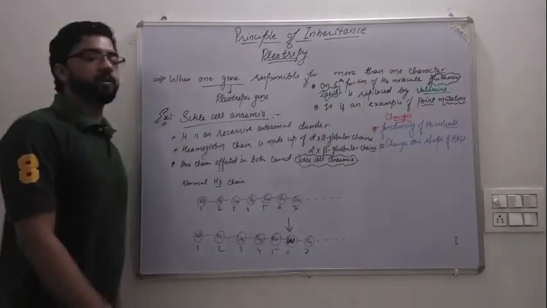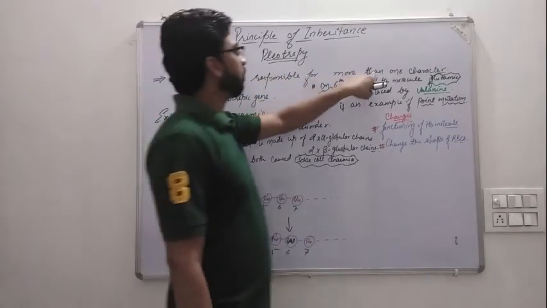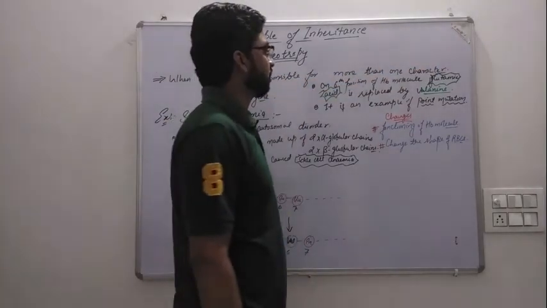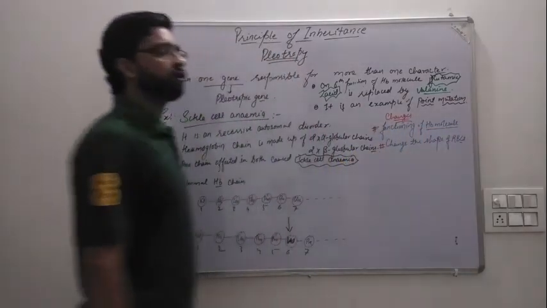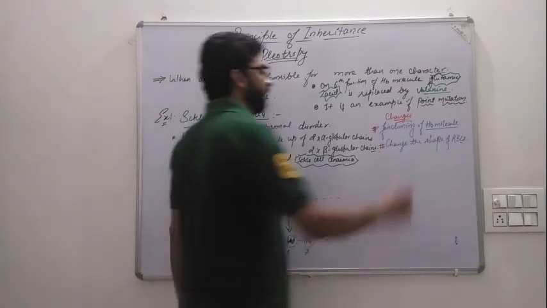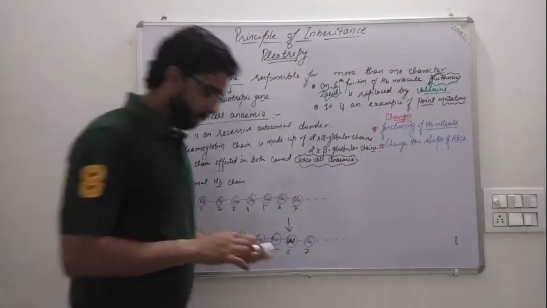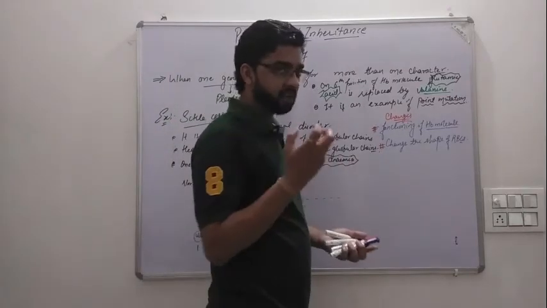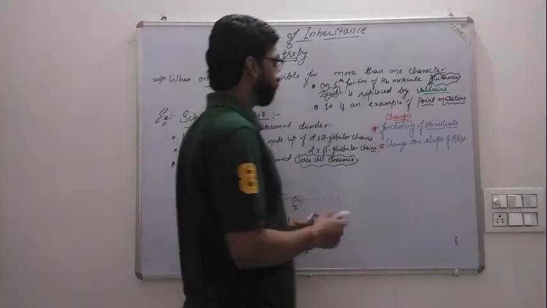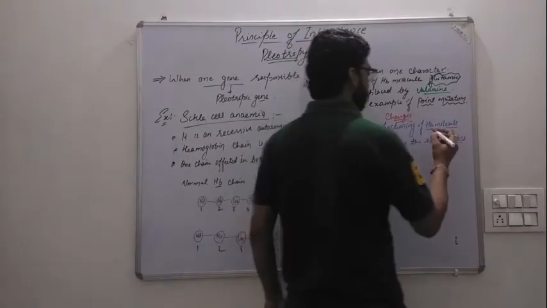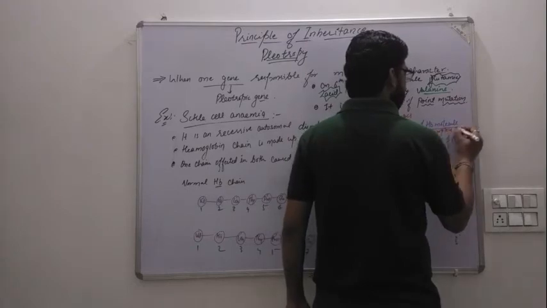Let us recall the first line: one gene responsible for more than one character. So the two characters are the change in hemoglobin molecule functioning and the change in the shape of RBCs. Functioning means less attraction or gaining of oxygen molecules; it carries less O2.